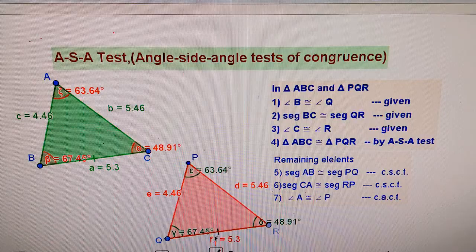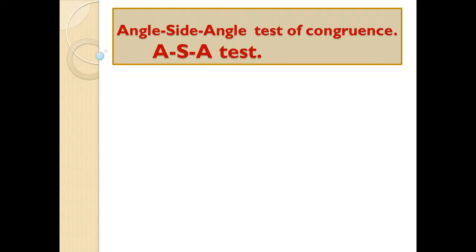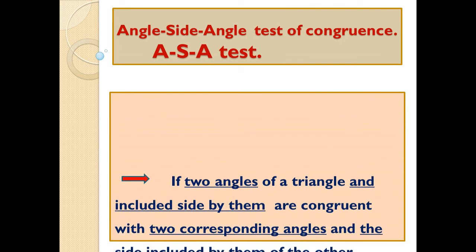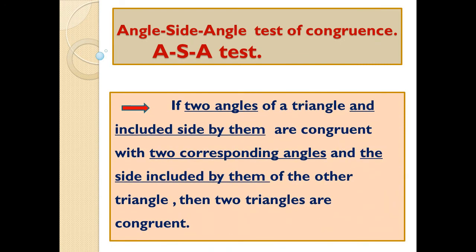From this video you have seen that whenever two angles and the side included between them are congruent with those of the other triangle, then these two triangles are congruent, and it can be defined as: if two angles of a triangle and the side included by them are congruent with two corresponding angles and the included side of the other triangle, then the two triangles are said to be congruent triangles.